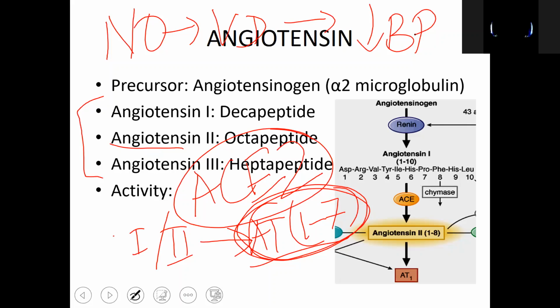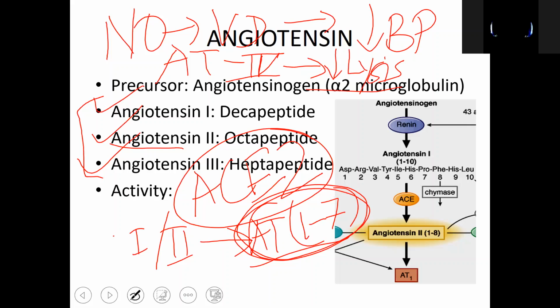One more angiotensin is there, that is angiotensin 4, like 1, 2, 3. It is probably present in the brain, and it prevents the lysis of some neuropeptides in the brain, and probably it is helpful for memory, long-term memory.